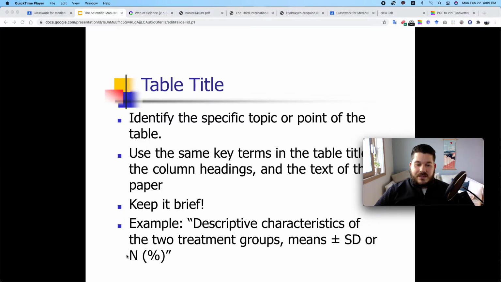In this case, descriptive characteristics of the two treatment groups, means plus or minus standard deviations, or average percentage, okay? So when you get the average of something, or when you get the sample size, there's big N, there's little n, then you display that, and that's really common in a figure. SD, standard deviation as well, you might put that in your results section.